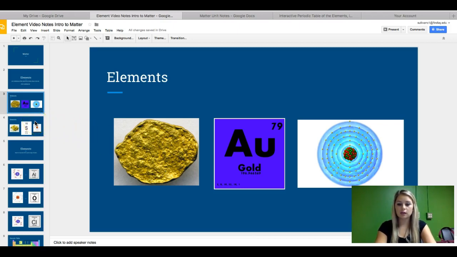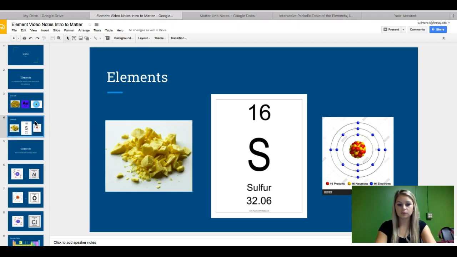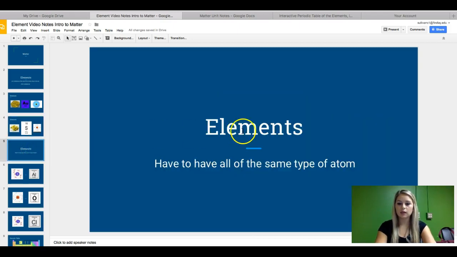If I look at this example of sulfur, these sulfur pieces are only going to be made up of sulfur atoms here. So another way of rewording our definition to make it easier to understand, I like to say that elements have to have all of the same type of atom.